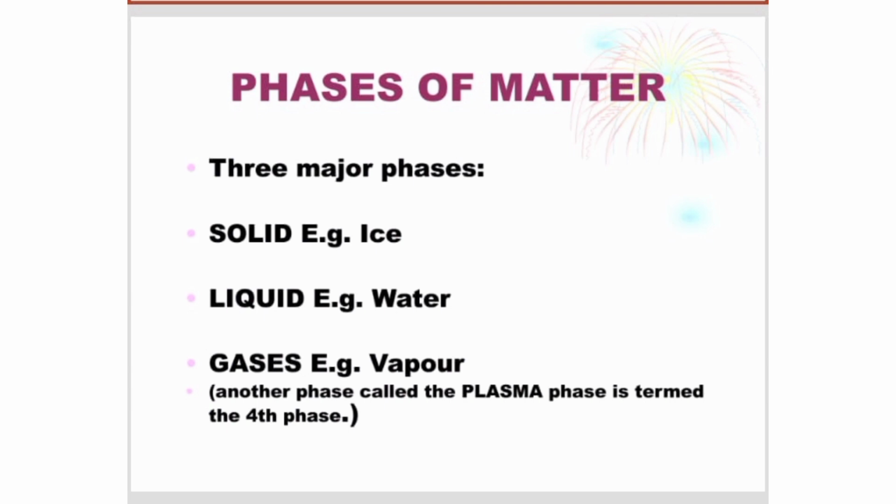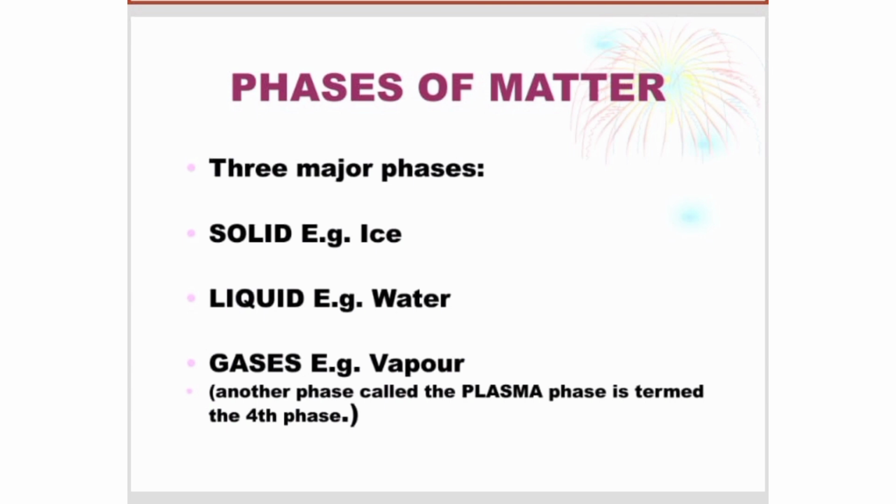And that leads us to an additional phase that is not commonly discussed, but is very important in science. And it is called the plasma phase or superheated matter. This is the phase that occurs when the gases are applied more heat energy.